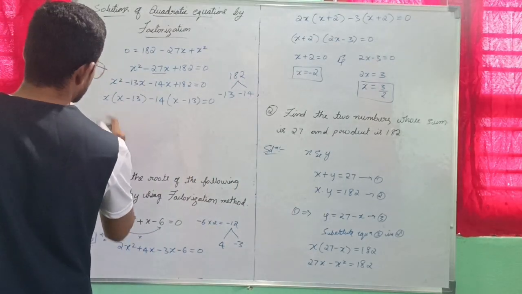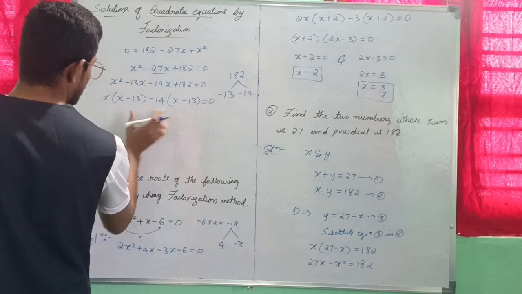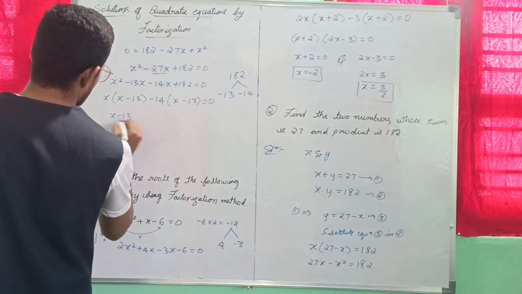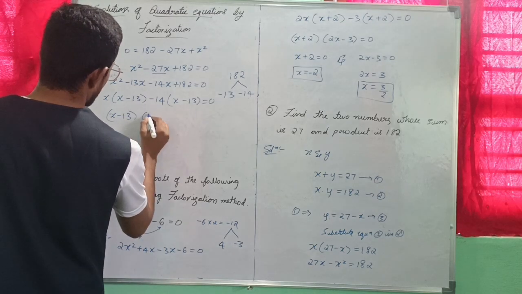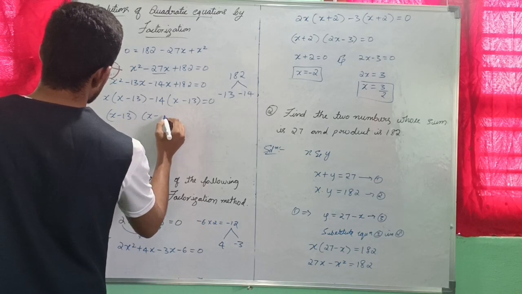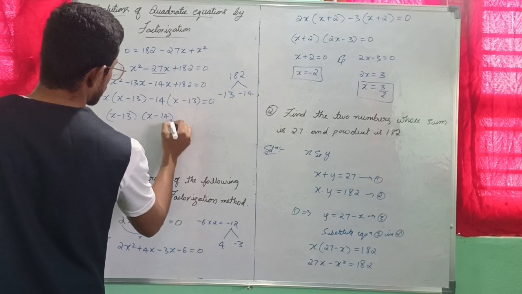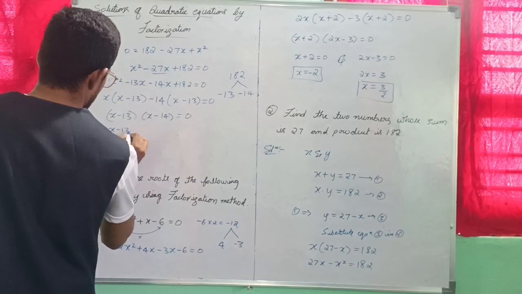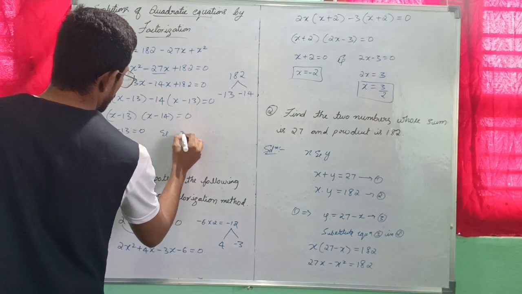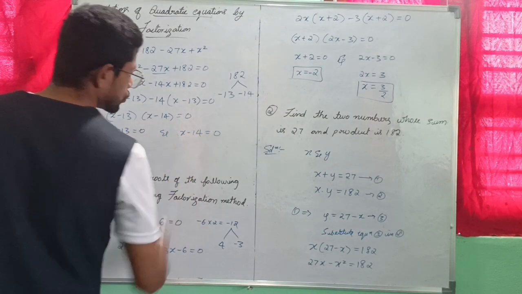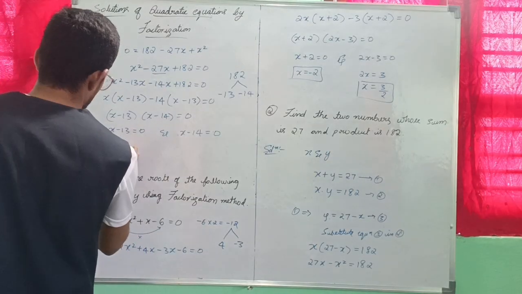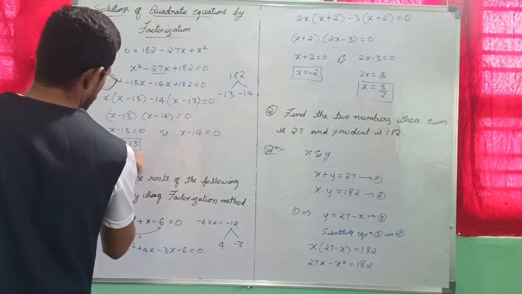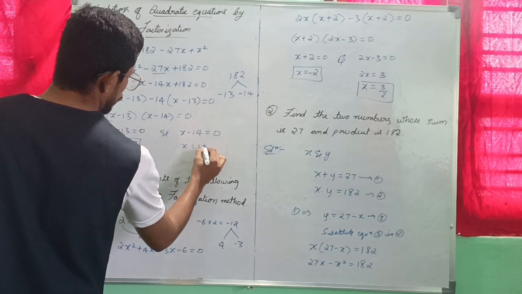Let's take this x minus 13 common. When we take x minus 13 common, we get x minus 13 into x minus 14, which is equal to 0. Now x minus 13 is equal to 0 and x minus 14 is equal to 0, right? Then x is equal to 13 and x is equal to 14.